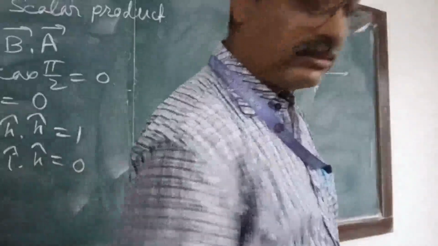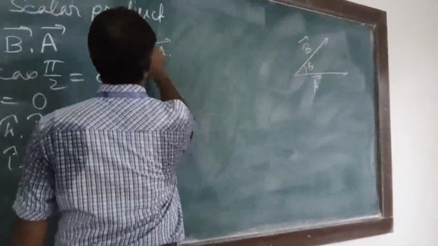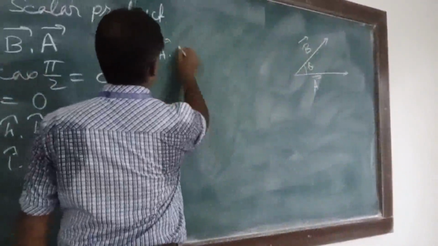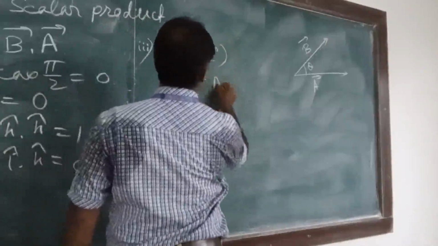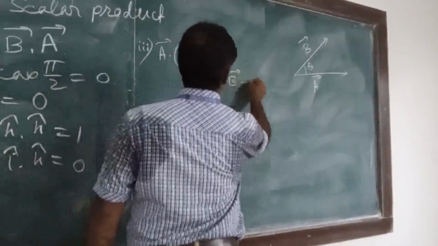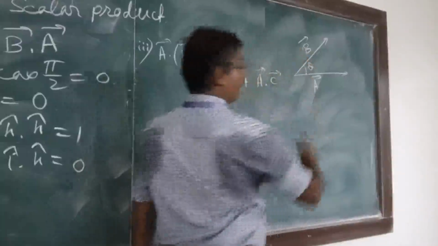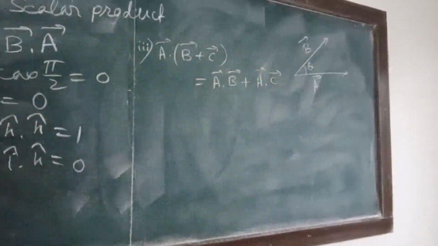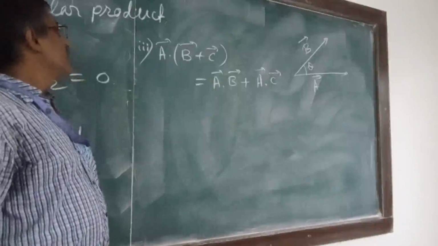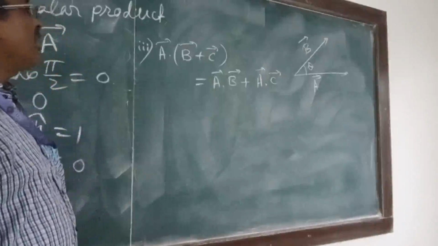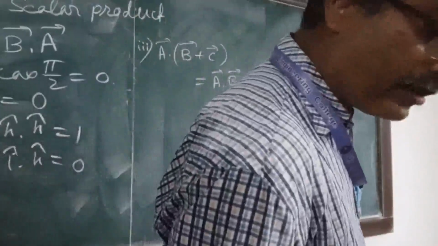That is, A dot (B plus C) equals A dot B plus A dot C. This is known as the distributive property.